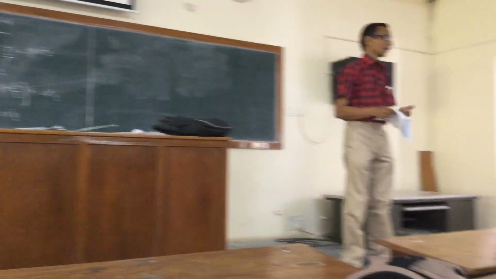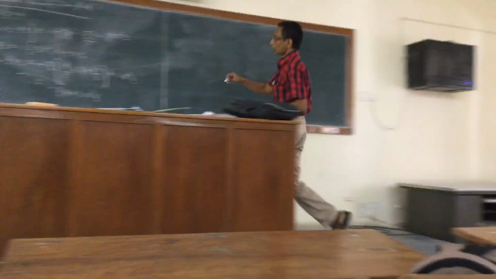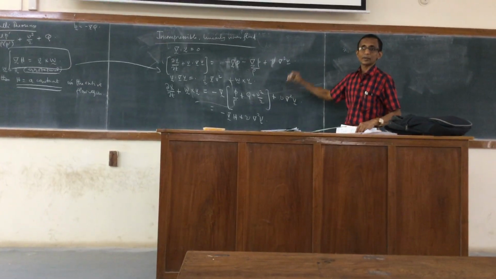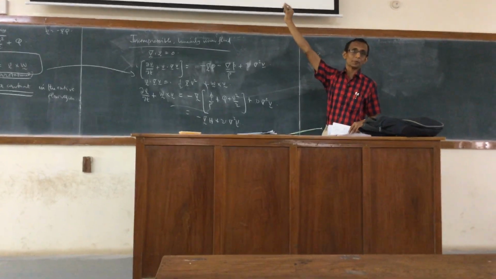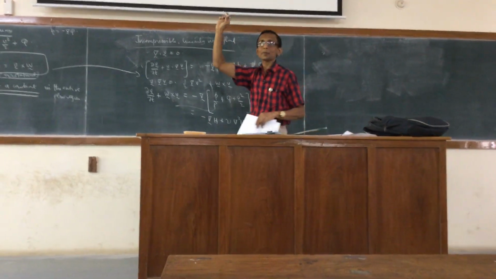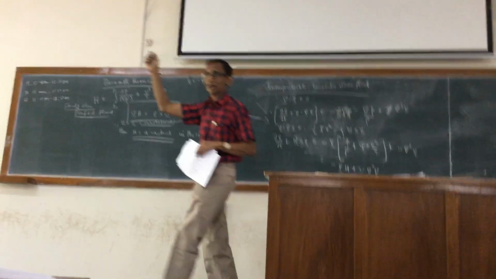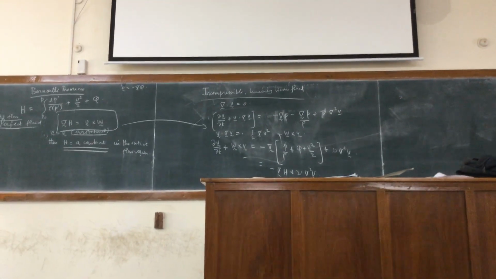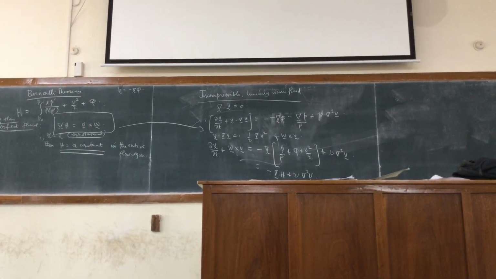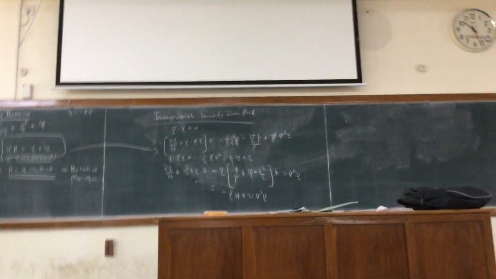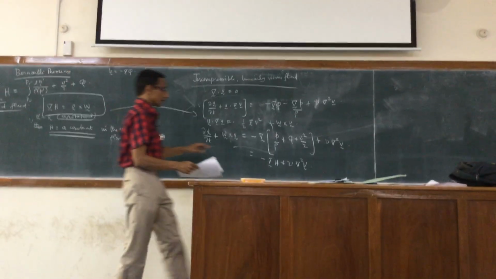If I put the kinematic viscosity equal to 0, I will actually get the corresponding equation for an incompressible perfect fluid, which we haven't considered. Certainly a perfect fluid can also be approximated as incompressible in certain situations.